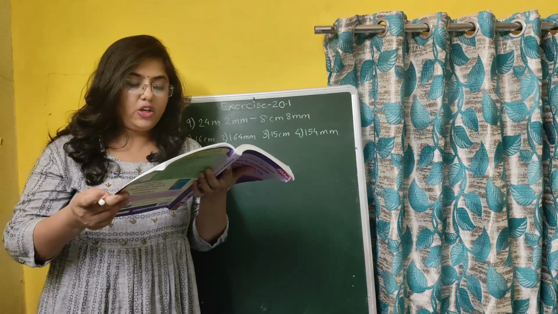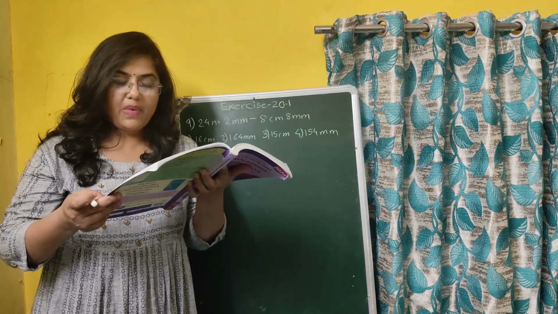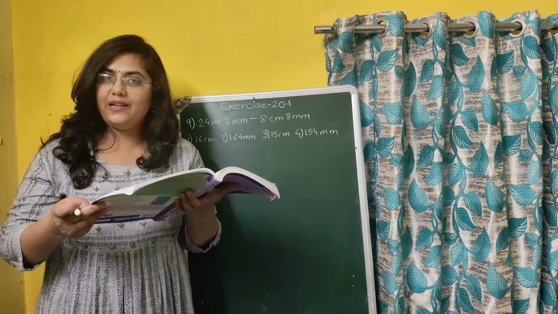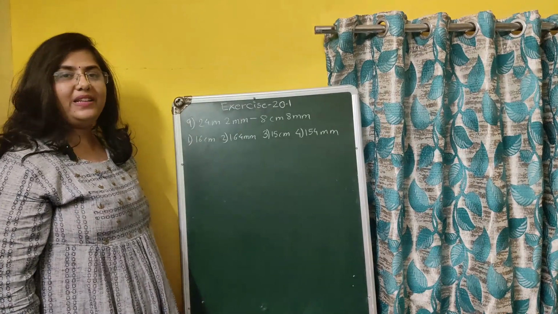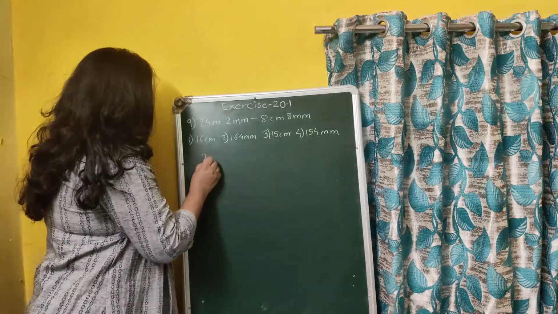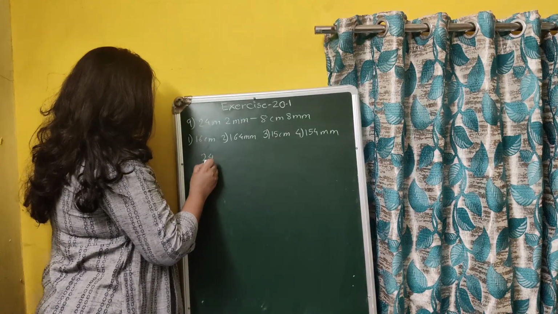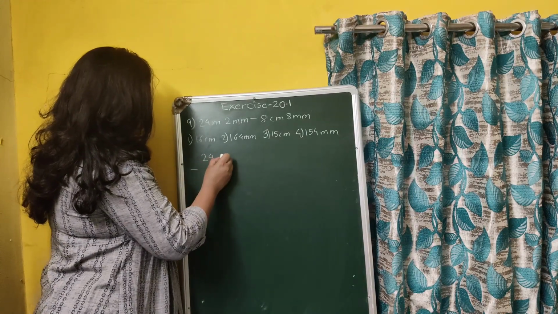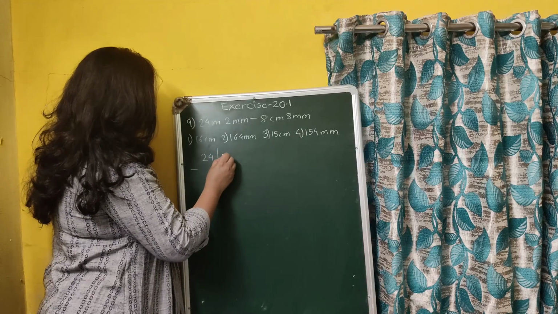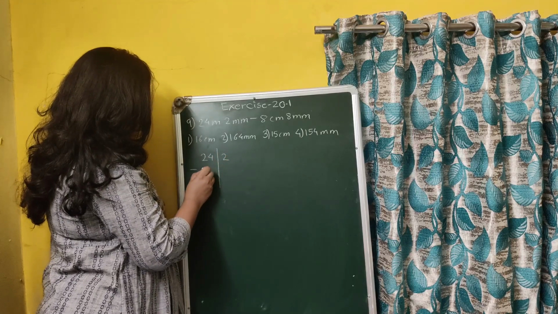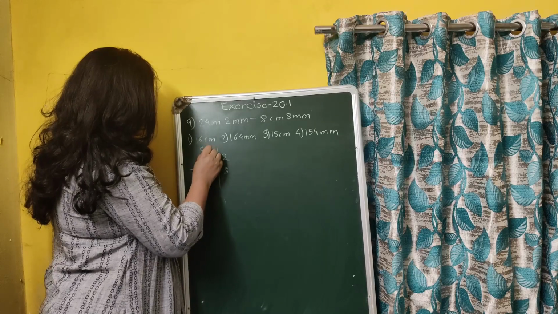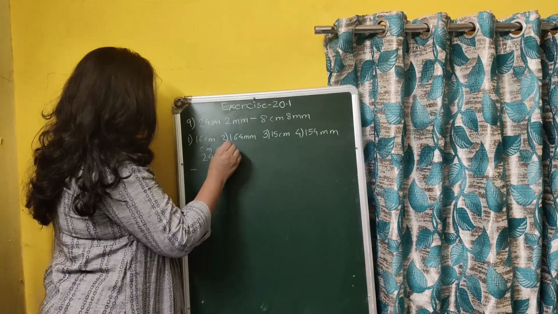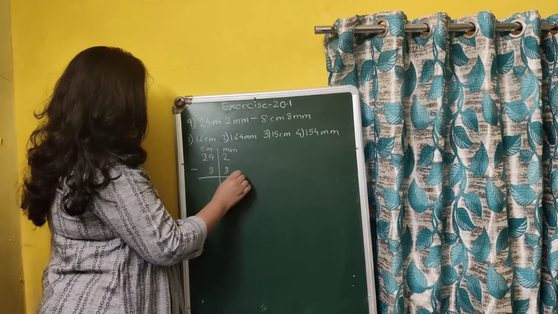Let us see our 9th question. 24 centimeters and 2 millimeters minus 8 centimeters and 8 millimeters. So how we can solve it is: 24 and 2, and here we have 8 and 8. This is centimeters, this is millimeters.